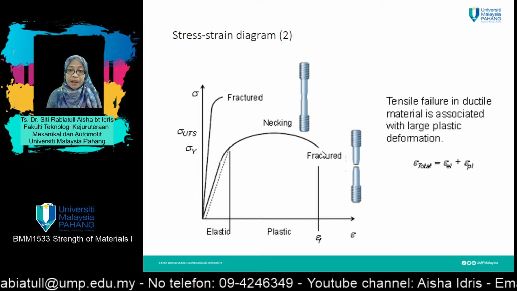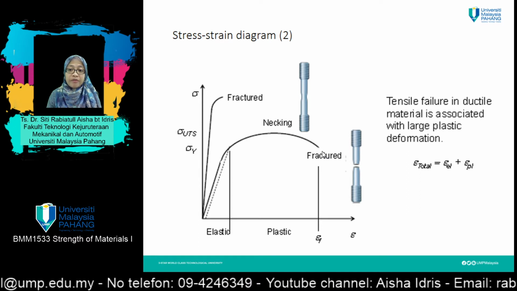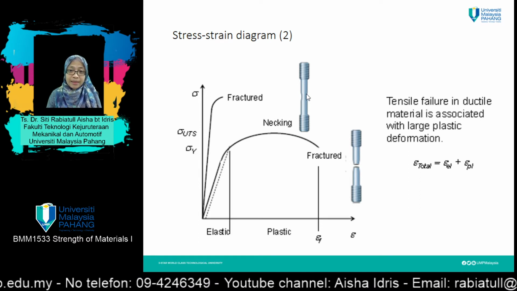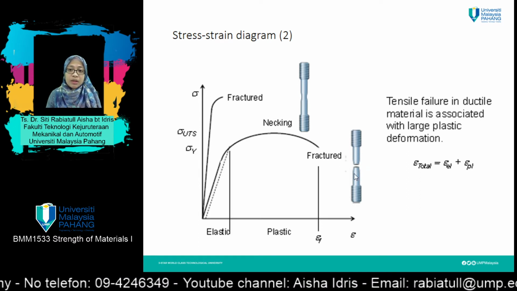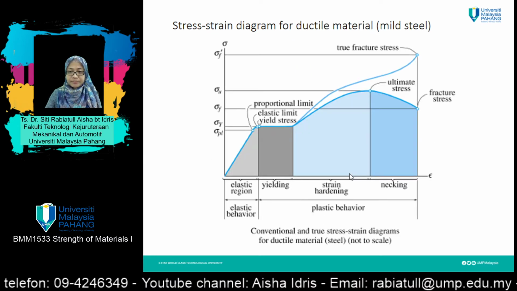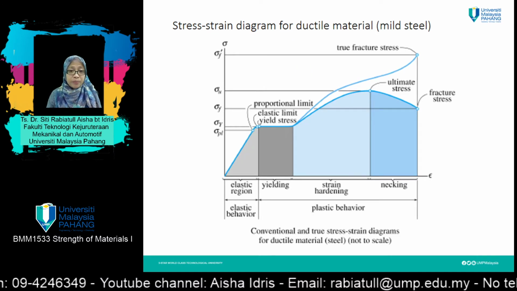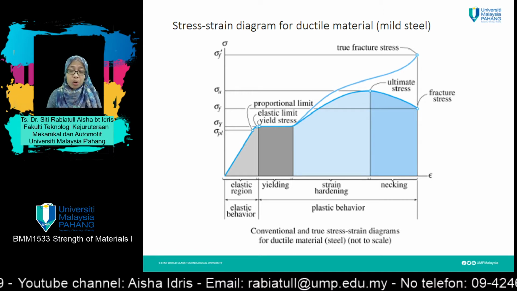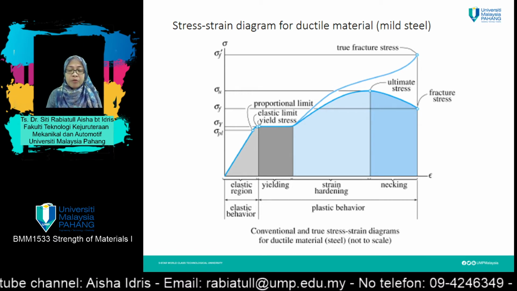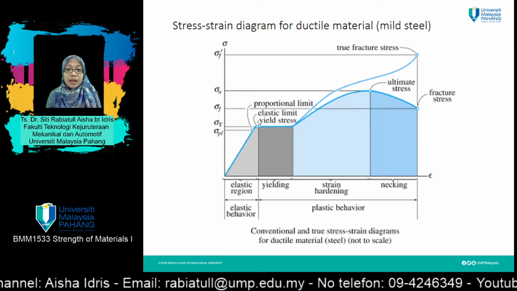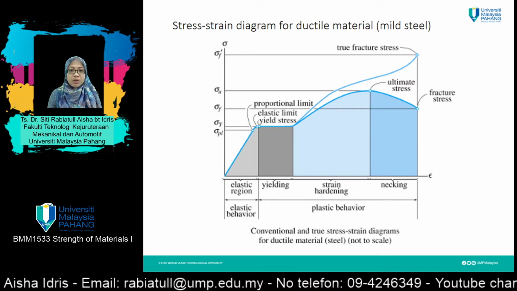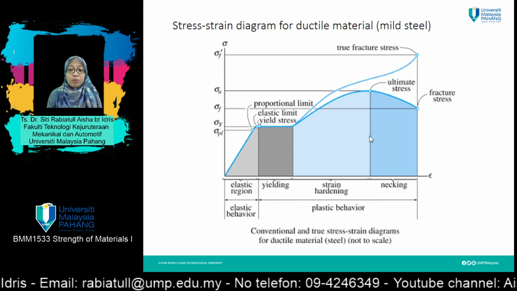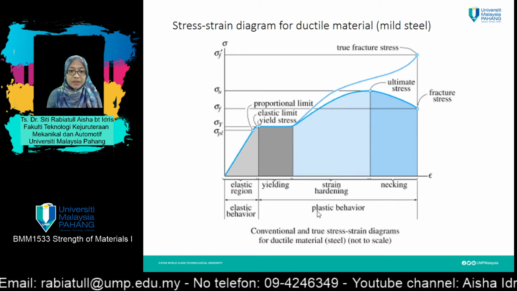At the end of the plastic region, which is before it fractures, it starts to neck. After that, it will lead to failure. Different types of materials will have different stress-strain curves. For example, if you take a composite for your specimen, then the graph will have no plastic region.